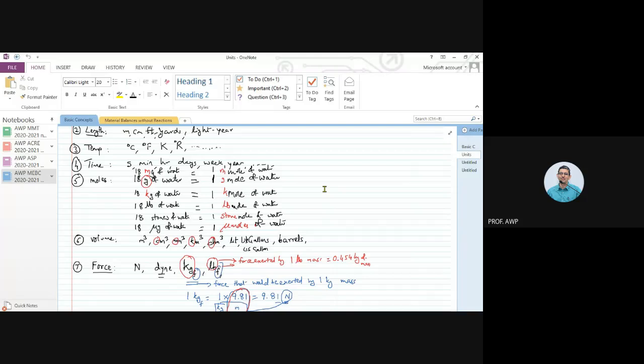And we will today see some more such quantities whose units, and converting from one unit to another unit, we will discuss today.